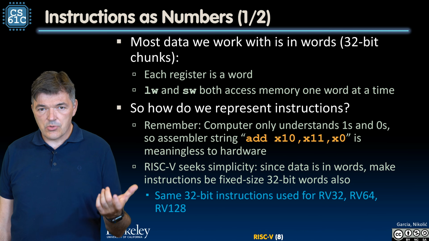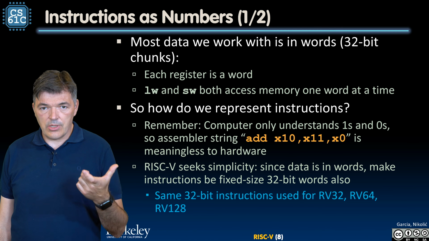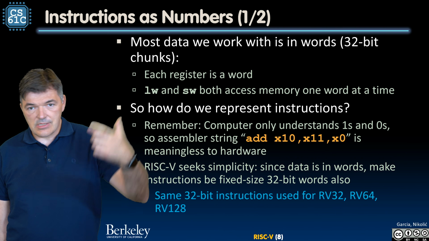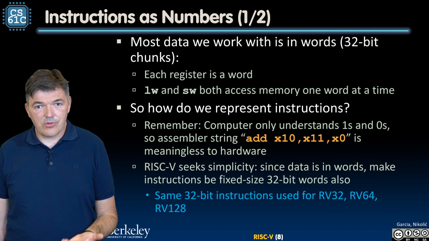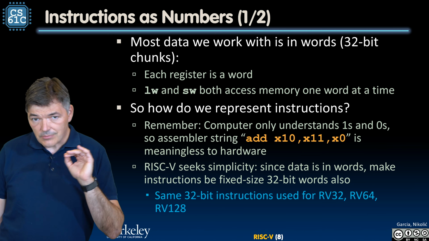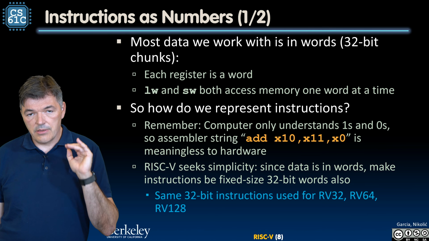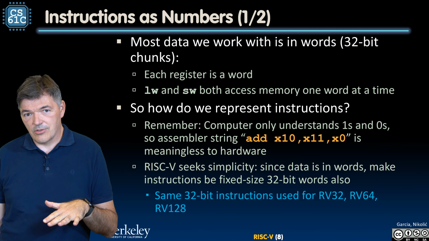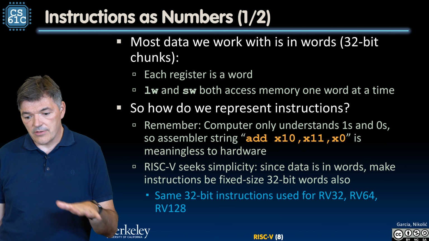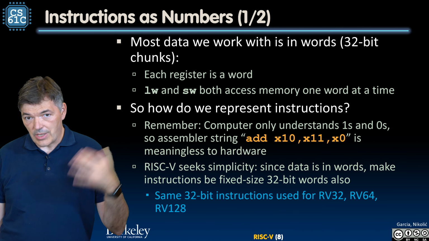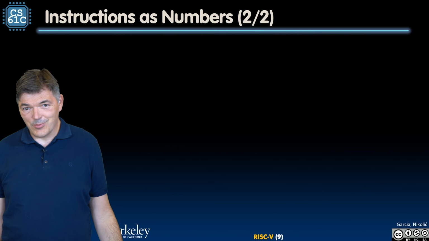But we usually will not do that. For convenience, such that it fits in the same memory as the data, we are going to assign it 32-bit values. It's also really important that these 32-bit instructions are used in all variants of RISC-V, RV32, RV64, and RV128. So binaries have to be compatible.